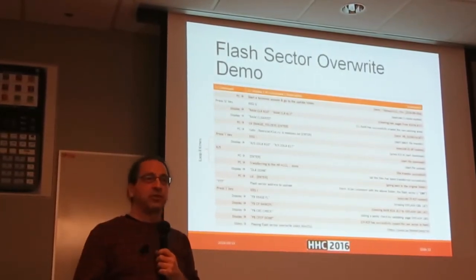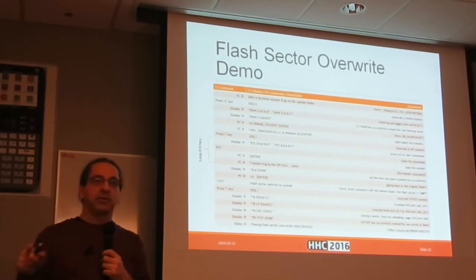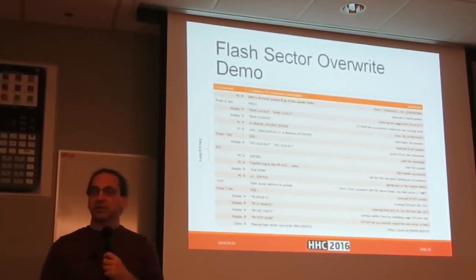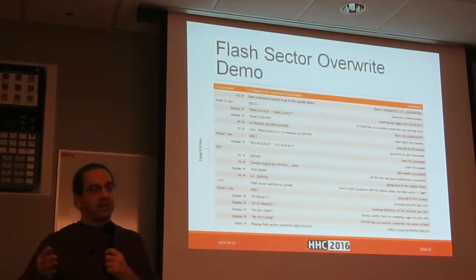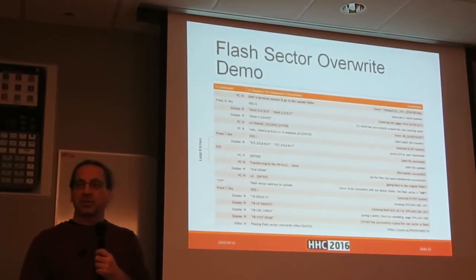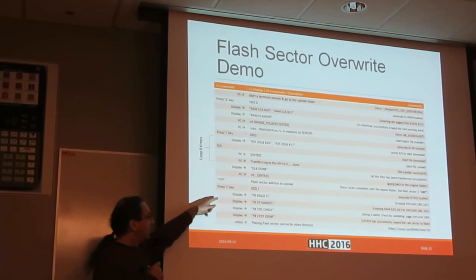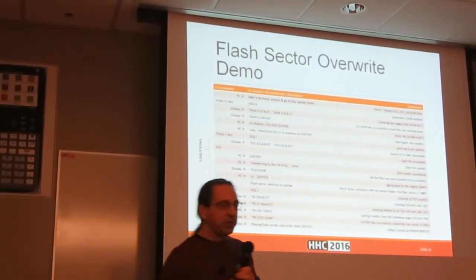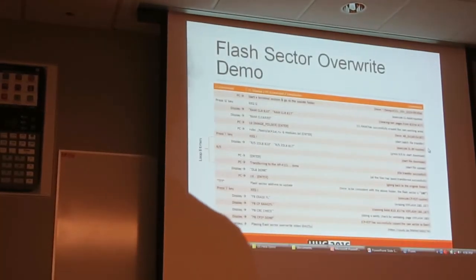I'm just going to do RS enter, RS enter, RS enter, and everything is done automatically. At the end, we do RAM to flash. This is this. Okay, so I'm going to show you that. That's going to be it.